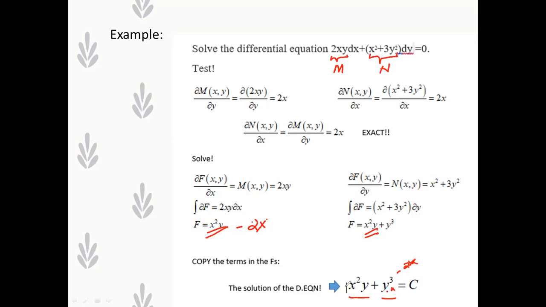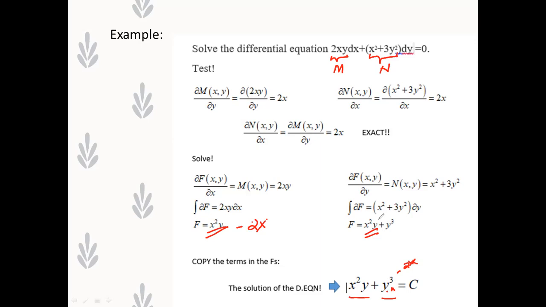So the terms you copy, you add. This is minus, so it should be minus here. These two are all positive, so you place here positive. But you don't add the commons, you just simply copy.